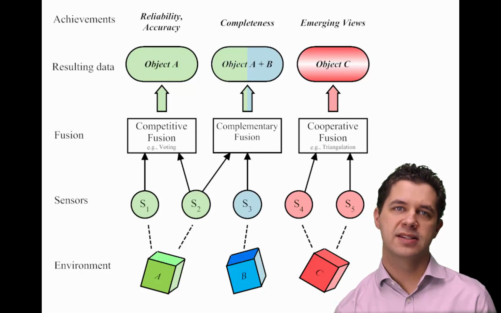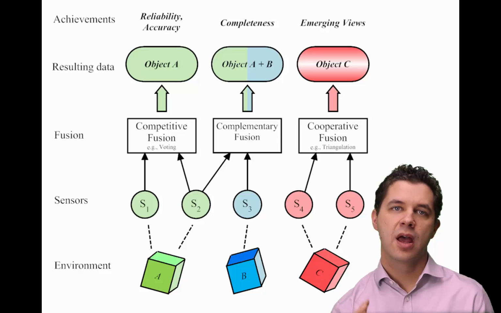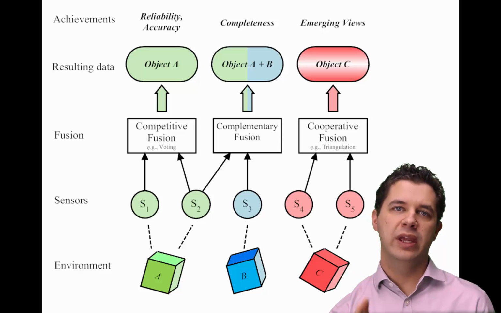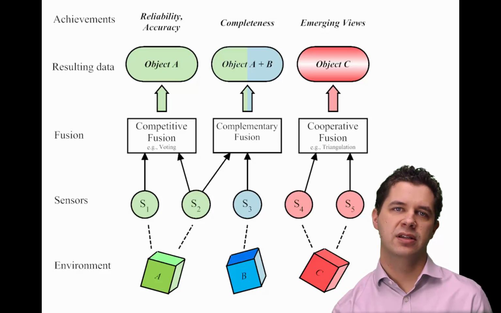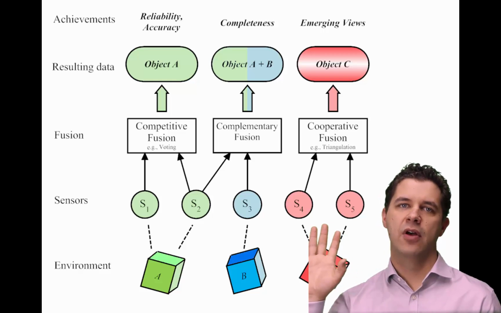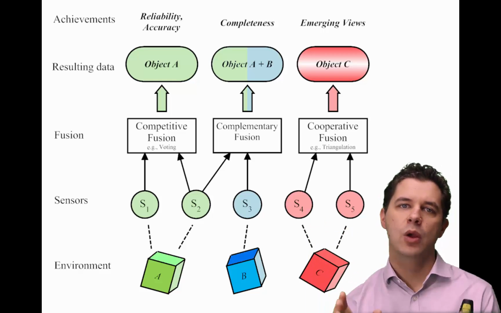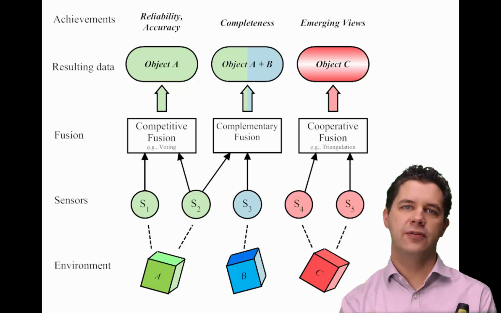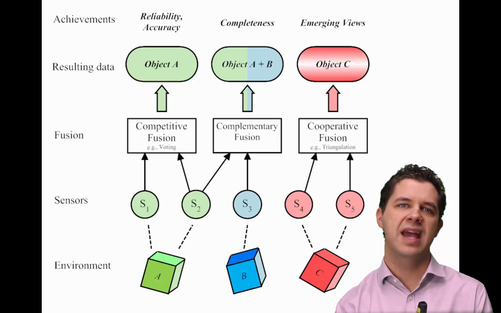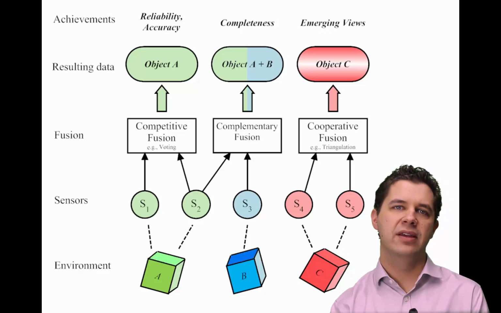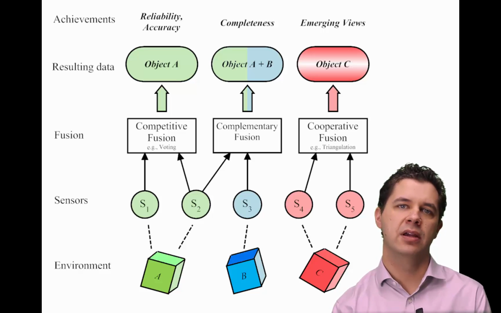So our first type of sensors, our redundant or competitive sensors, are primarily looking at trying to improve our accuracy. And this is what we have over on the far left, where we're looking at object A through two different sensors. These sensors happen to be the same sensors, and we're having some competitive fusion happening.